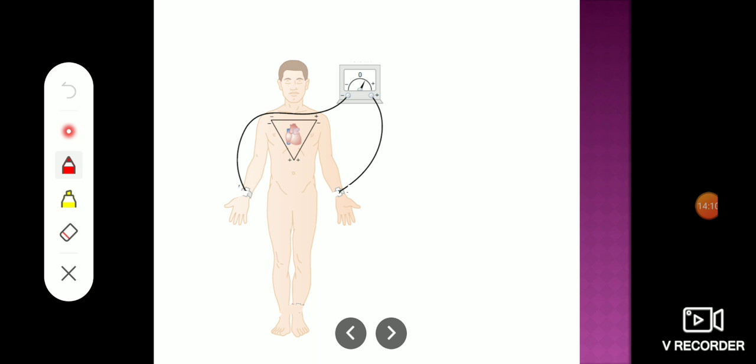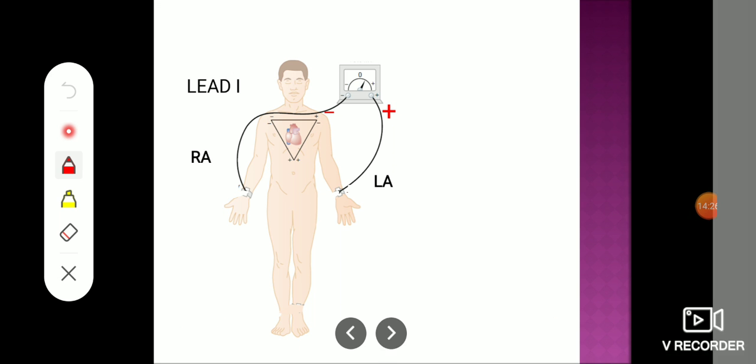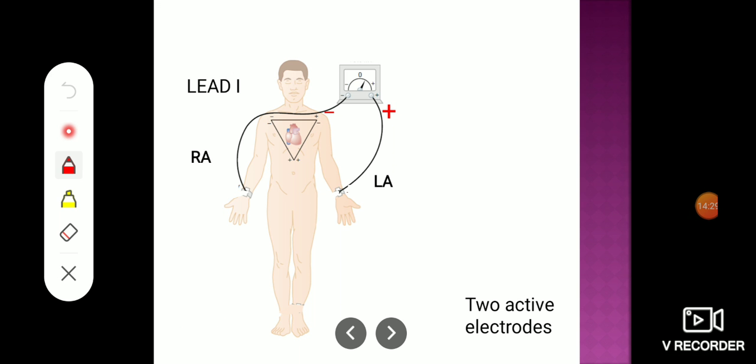Now bipolar leads, as I mentioned: right arm and left arm both are exploring, but one is positive, one is negative. So this is called lead 1, where we are using a combination of right arm and left arm. So two active electrodes are called the bipolar limb leads.